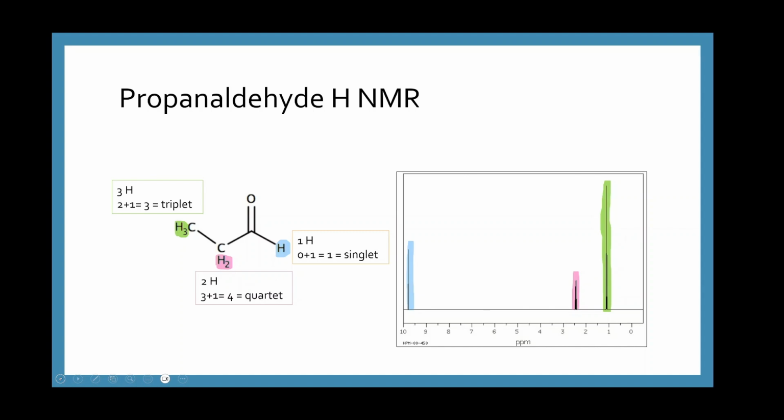And then integration of signals isn't provided on here, but sometimes if you're just given the spectrum, you might have information like integration is 1, integration is 2, integration is 3. And that would give you more information about the groups of hydrogens.